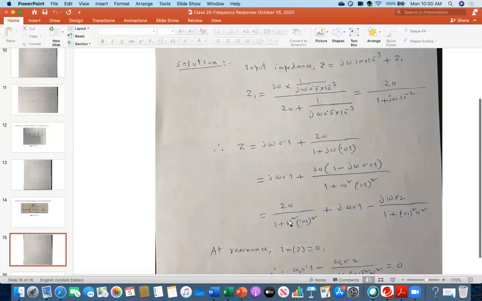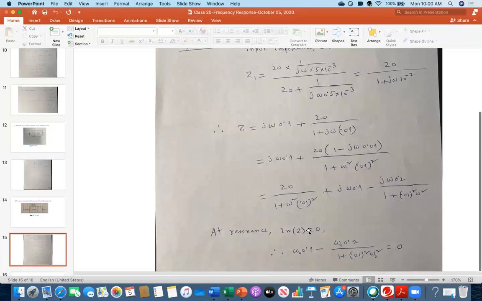And then I got this format. Here this is the real part, this portion is imaginary because there is j. So this one minus this one, that portion you have to equate to 0. And then you should be getting 100 radian per second.